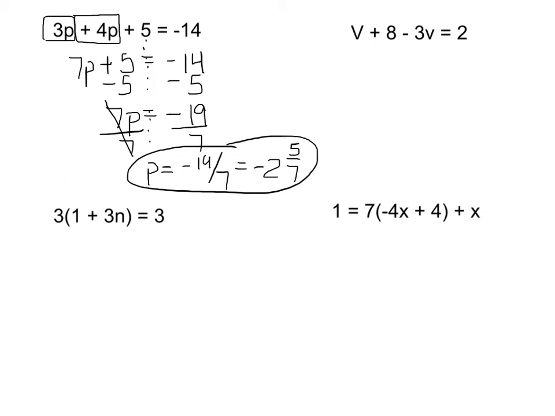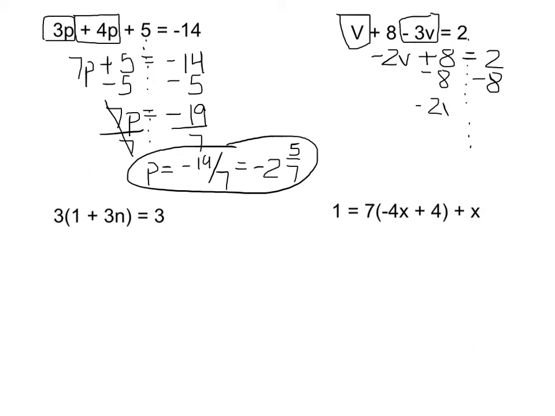I go to the next problem. Do the exact same thing. I have a v, a negative 3v, so I'm going to get negative 2v plus 8 equals 2. If you want to draw the line, feel free. I want to get rid of this 8 first, so I subtract 8 from both sides.